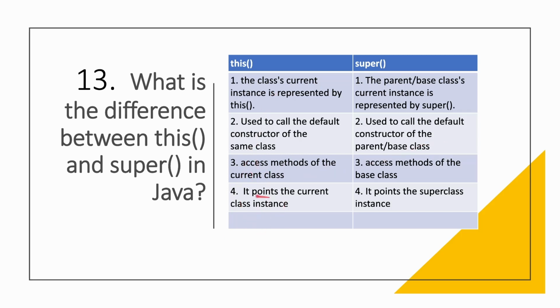This is used to access the methods or variables of the current class, whereas super you have to call for the base class, methods and variables. If you want to call the super class variable, you can just say super dot this way. We have also done videos on the this keyword and super keyword, how they work and how you use them in coding. The this keyword points to the current class instance and the super keyword points to the super class instance.